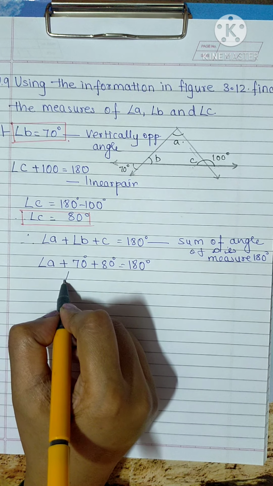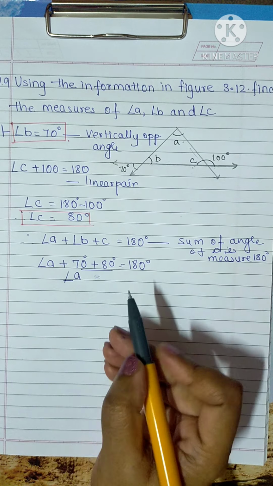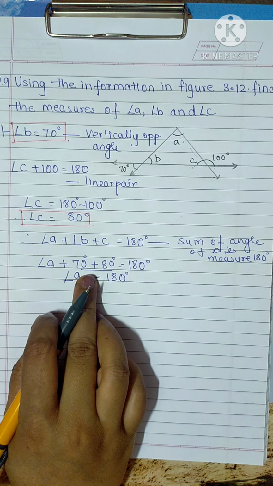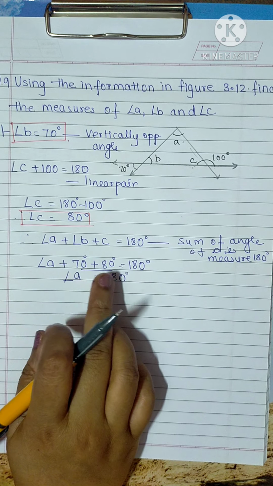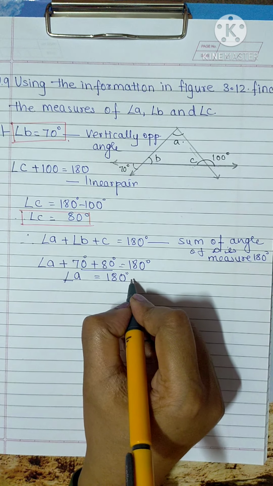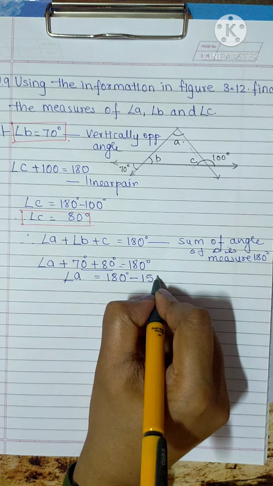Now 70 plus 80 means that is 150. So 150 will go to this side, it will become minus 150.